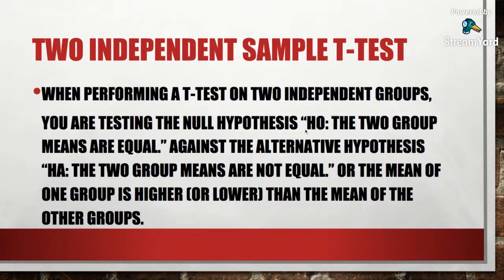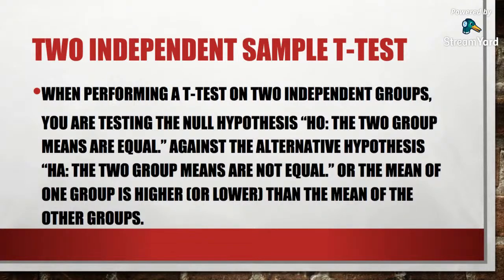Okay, in other words, ano bang tawag dito? That there is no difference in the group means. So if there is no difference, they are equal. Okay, so you may state your null hypothesis as the two group means are equal, or you can say that there is no significant difference in the means of the two groups.